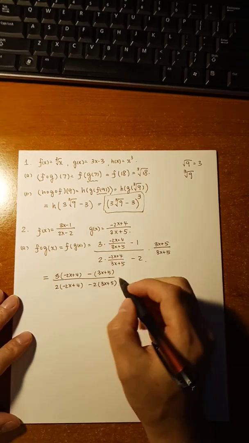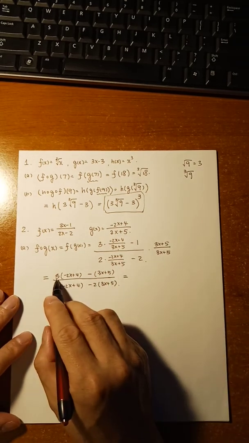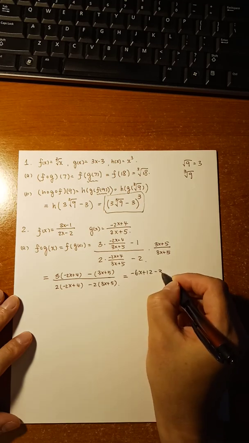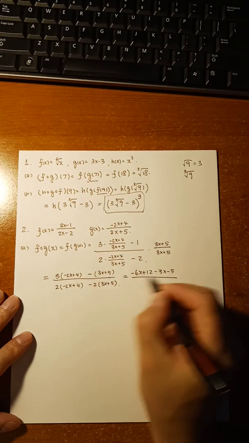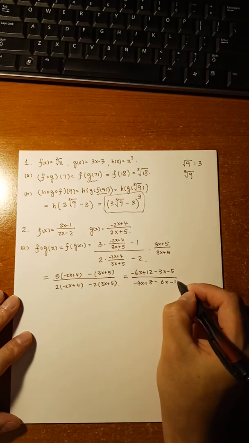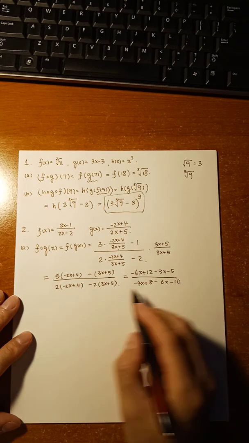Let's continue the simplification. 3 times negative 2x is negative 6x plus 12, minus 3x minus 5, over negative 4x plus 8 minus 6x minus 10. Just follow the formula.